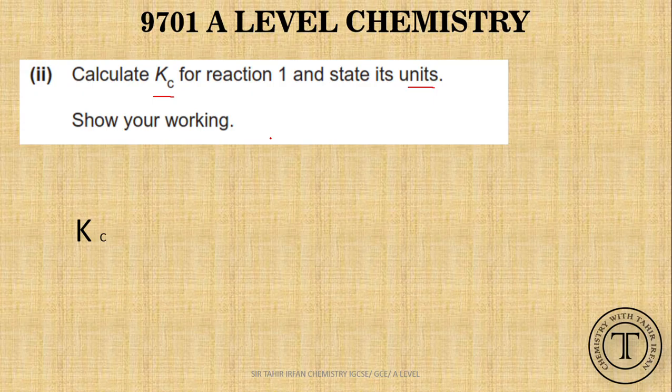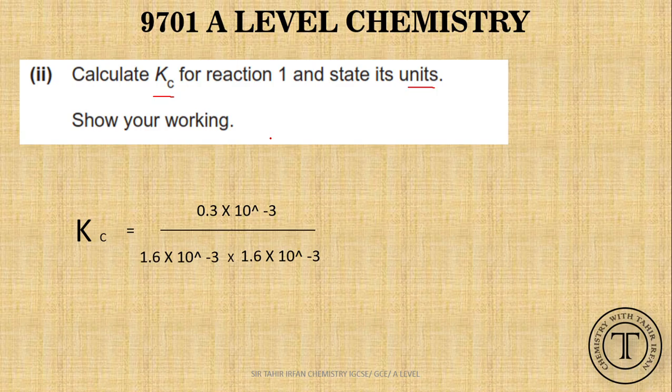So Kc is equal to the product concentration. As we know, in that case it was 0.3 into 10 raised to power minus 3 divided by the reactant concentrations. And one more thing, because there was 1 mole for product and reactant, it means there is 1 power for all these numbers.